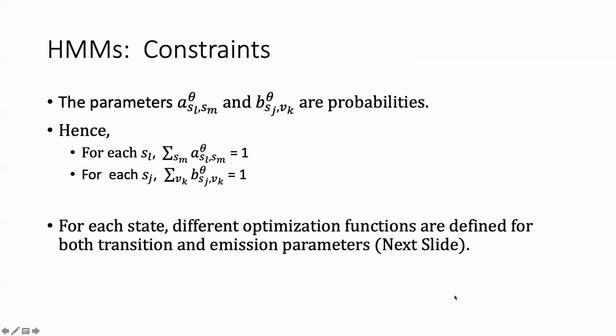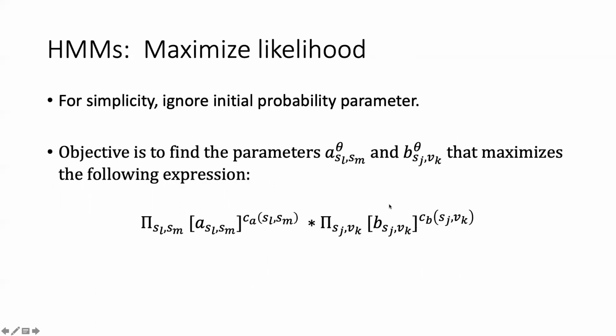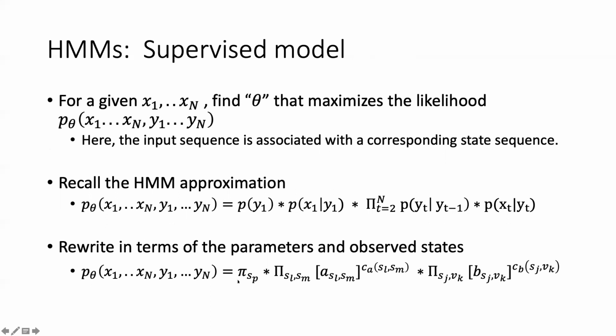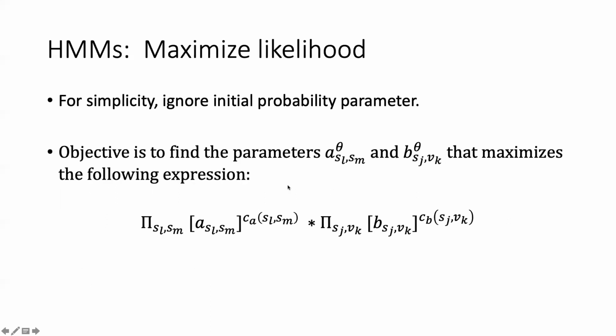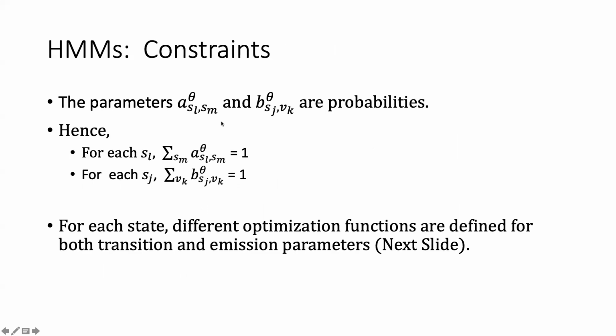So for simplicity, ignore this term and try to estimate the parameters of A's and B's by considering this term. Recall that A's and B's are the transition and emission probabilities, and these should sum up to 1.